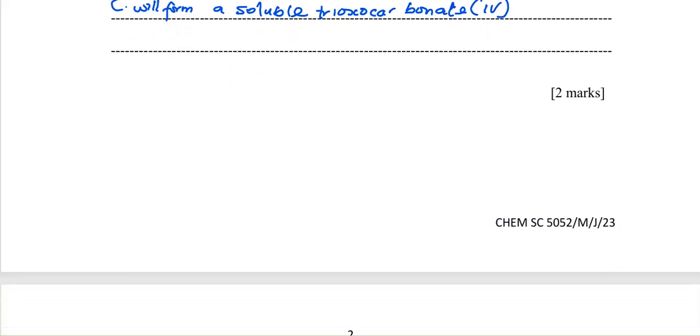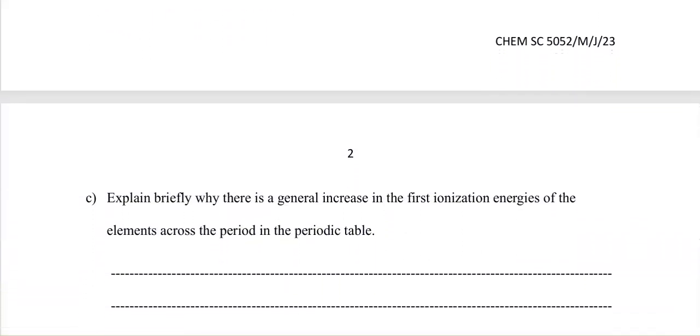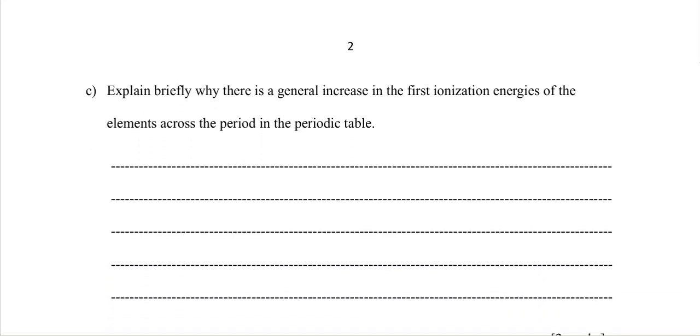The next question says, briefly explain why there is a general increase in first ionization energies of elements across the period and the periodic table.